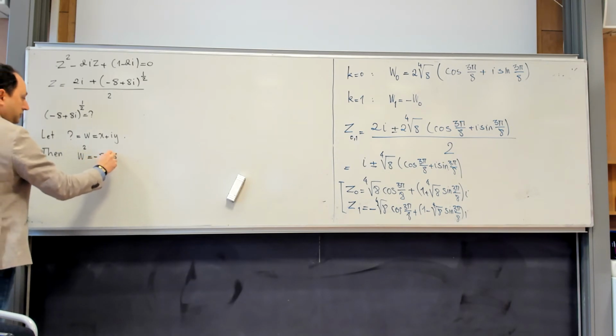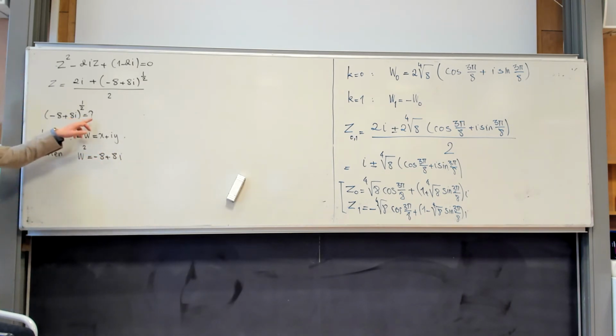Is that understandable or not? Yes? I want to calculate this question mark. I'm saying that this question mark is a complex number. So let me consider the Cartesian coordinates instead of polar coordinates. And this means that if I square this number, it becomes minus 8 plus 8i. Yes? Is that understandable? Okay.